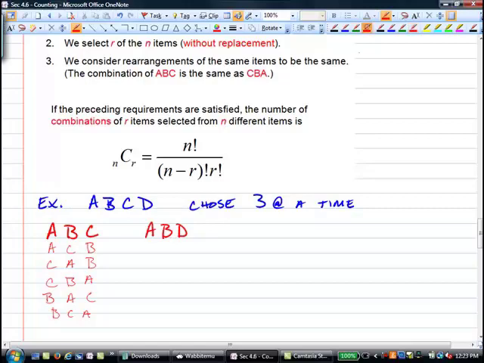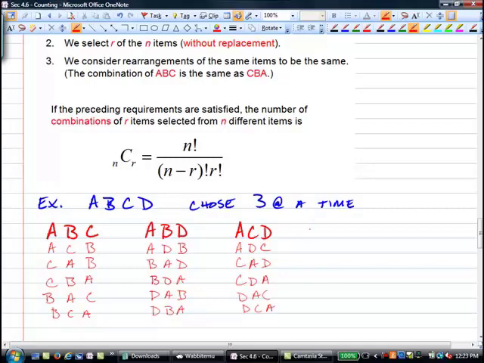Well, I could also combine that using ADB, BAD, BDA, DAB, and DBA. Now I'm going to leave B out: ACD, ADC, CAD, CDA, DAC, and DCA.